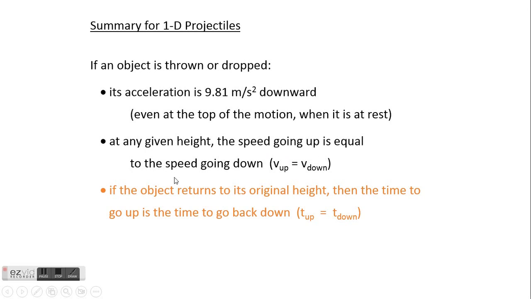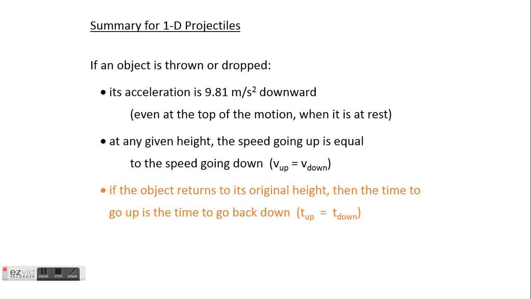If we have an object that's thrown or dropped, its acceleration is going to be 9.81 meters per second squared downwards. And this is true all the way through, even at the top of the motion when it's at rest. At any given height, the speed going up is equal to the speed going down. It's just that the direction is different.